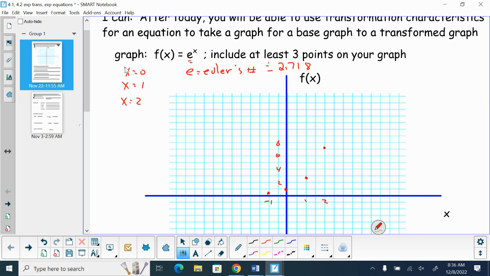So we start to get a look at the graph of an exponential. This is a curve.